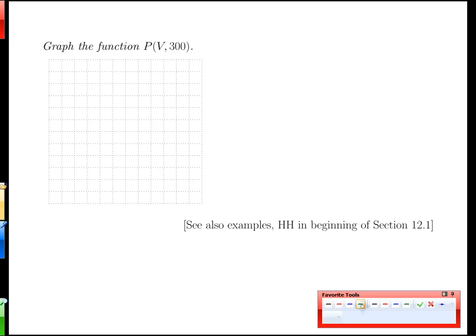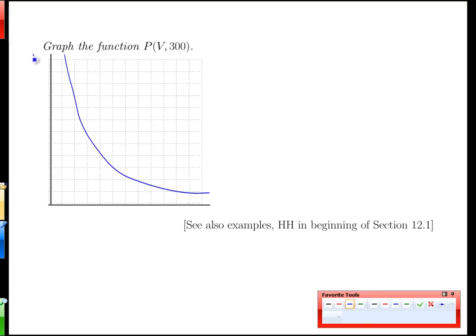So with the graph, oops, I jumped ahead of myself there. The graph we would get would be an inverse relationship graph, P and V. And we're getting that, again, from that formulation. There are other examples in the textbook that are worth considering as well.